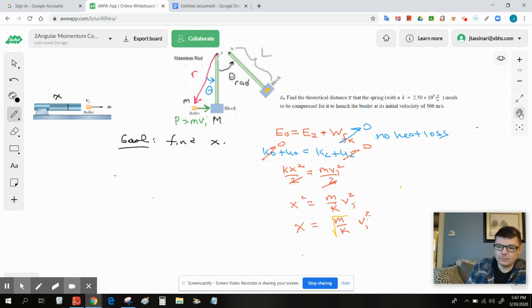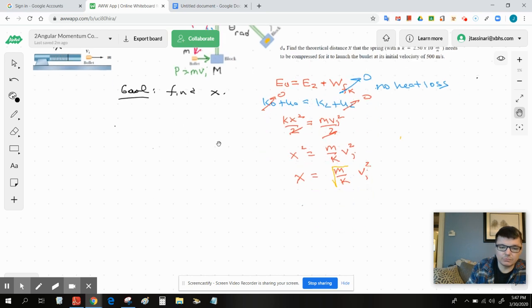So let's take a look at the dimensional analysis, to make sure that's correct. I have the square root. I should get meters. So I get kilograms.